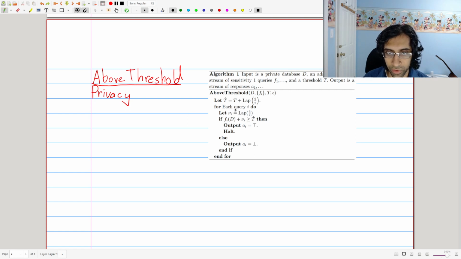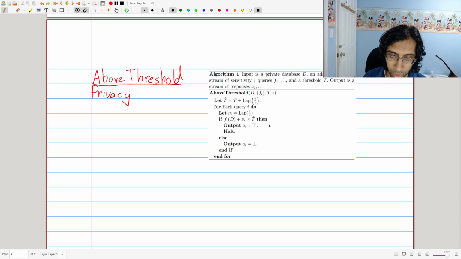For each query, as they come one by one, we privately get the answer of the query using the Laplace mechanism. So this generates some Laplace noise, adds it to the true query value, and then compares it with the noisy threshold. If it's greater than the noisy threshold, we say, indeed, it's above threshold. So we output this symbol called top, and then it halts.